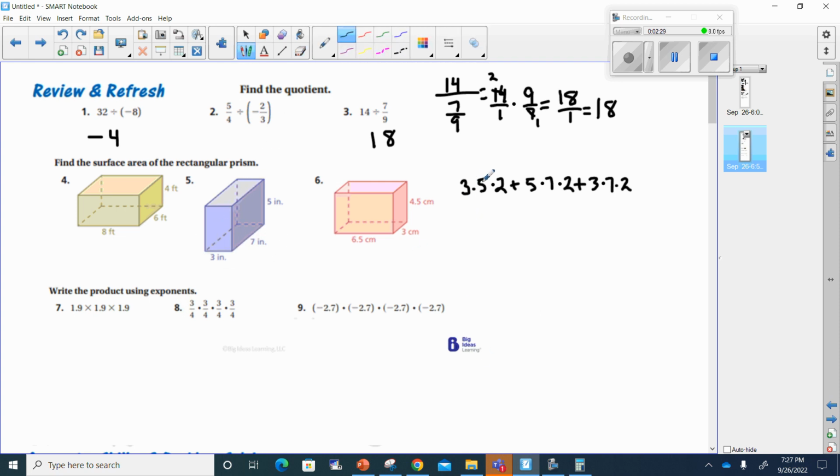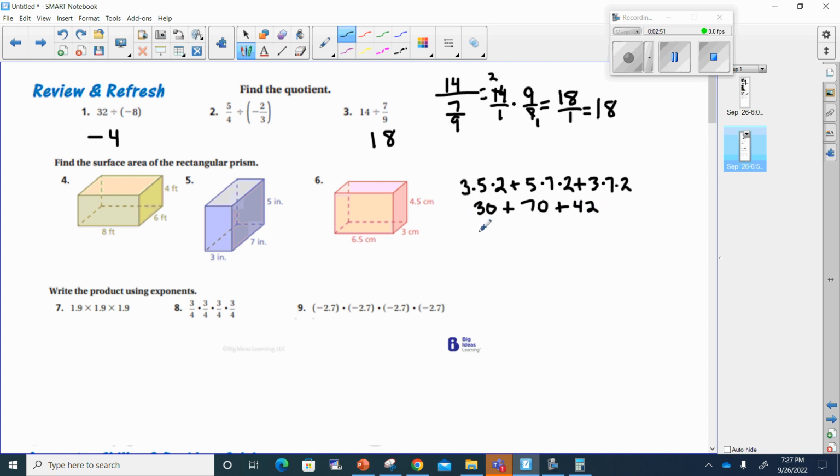I know that 3 times 5 is 15. 15 times 2 is 30. I know 5 times 7 is 35, and 35 times 2 is 70. I know that 3 times 7 is 21, and 21 times 2, that's 42.